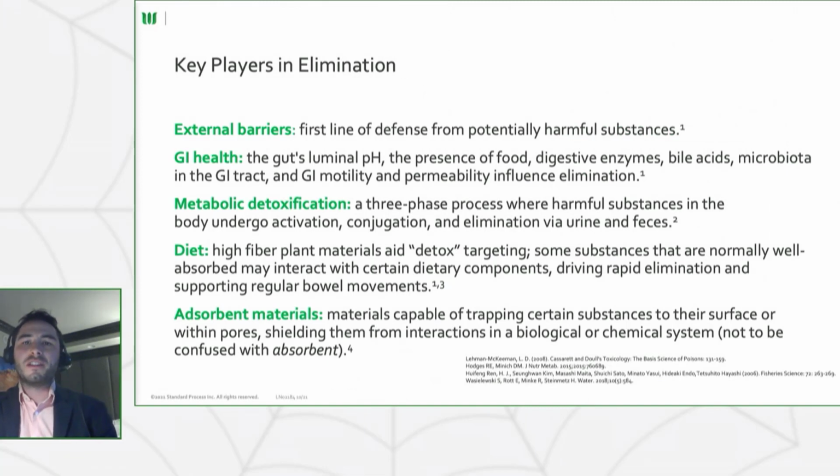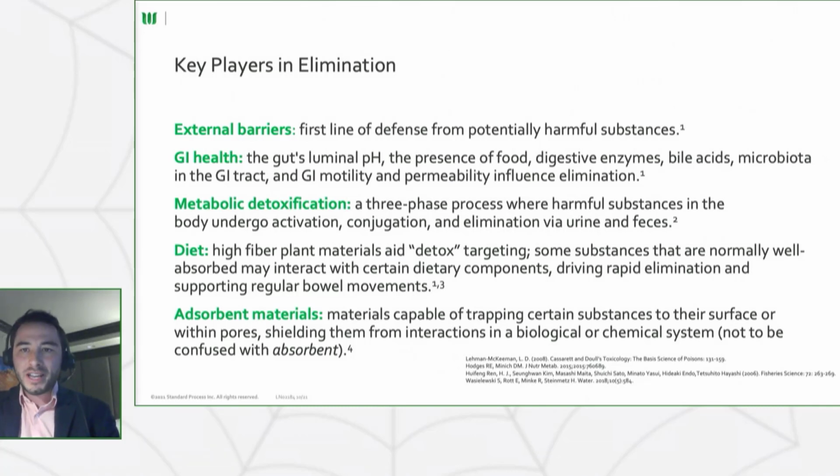Now, the key players in elimination, those external barriers, making sure that they are functioning properly and that they are adequately maintaining things out. So there was a lot of talk in the previous session about the gut barrier integrity. So maintaining that is going to be very important for that barrier to be functioning properly. Same with skin health, but also really focusing on that GI health.